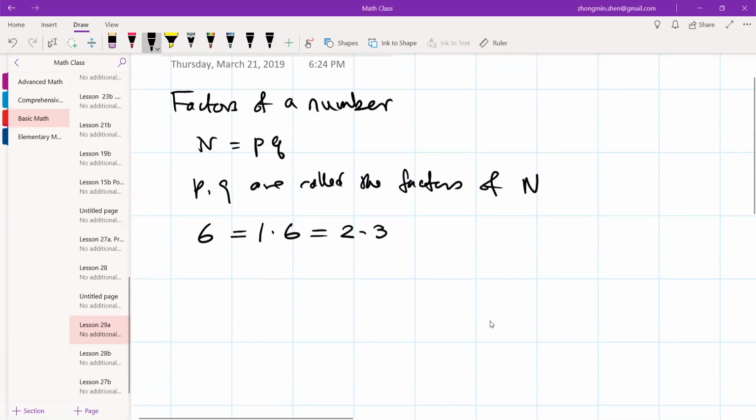So 1, 2, 3, 6 are the factors. So 6 has 4 factors: 1, 2, 3, 6.